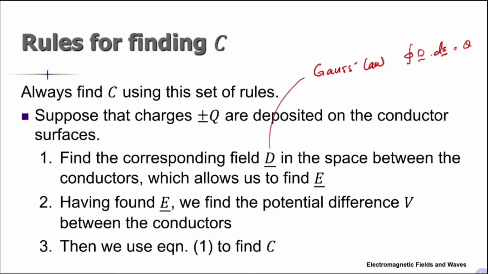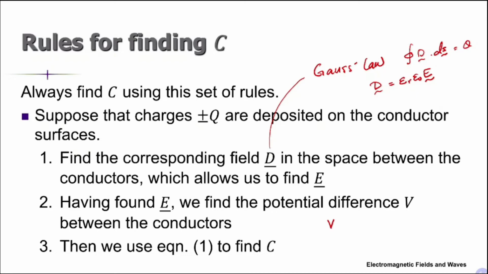Once you have found D, you can find the electric field E using the relationship D equals epsilon R epsilon naught E. Having found the electric field, we can find the potential.